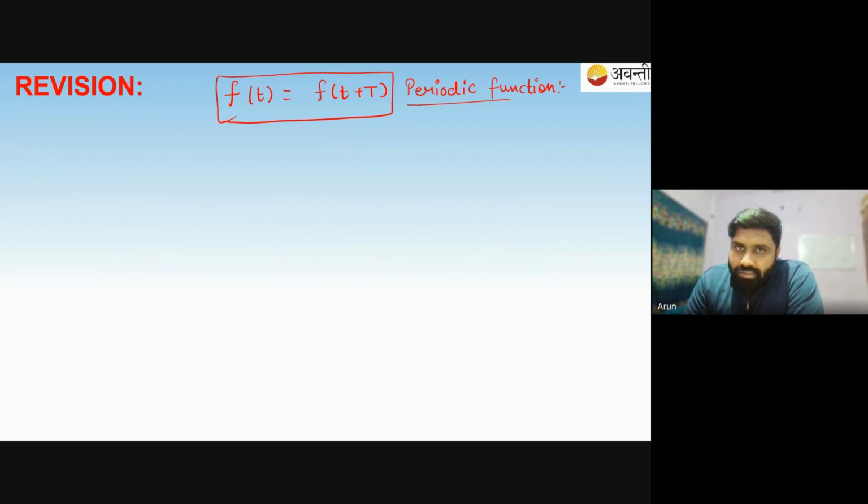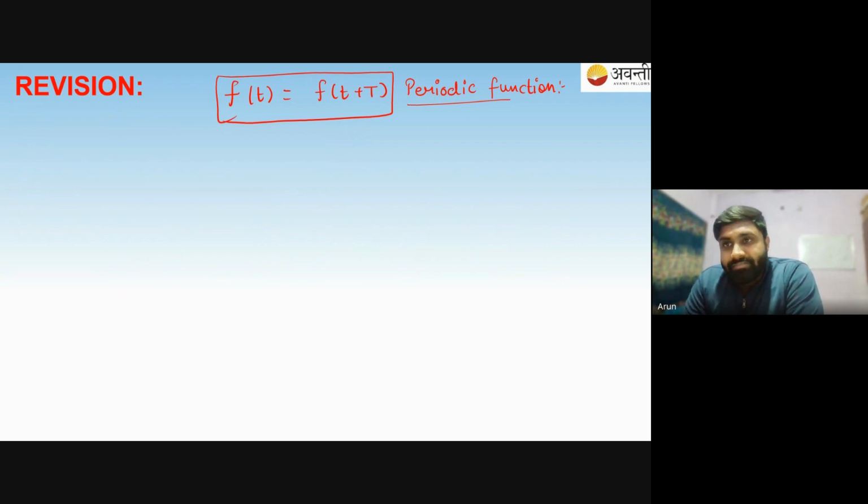So all oscillatory motions are periodic motions, because they are repeating themselves after a fixed time interval. But all periodic motions are not oscillatory, because all periodic motions are not bounded motion.